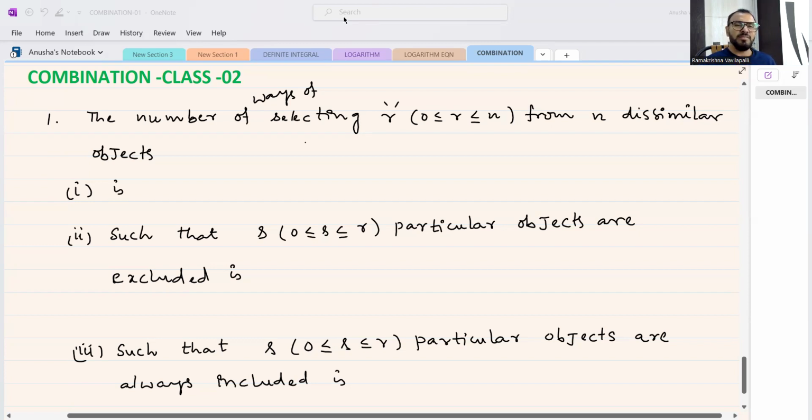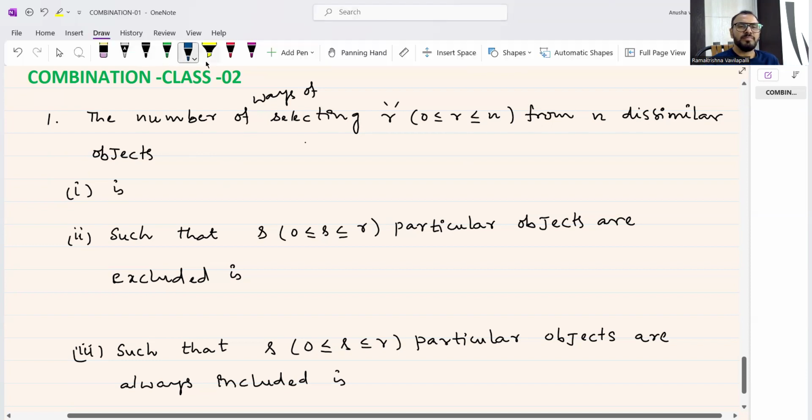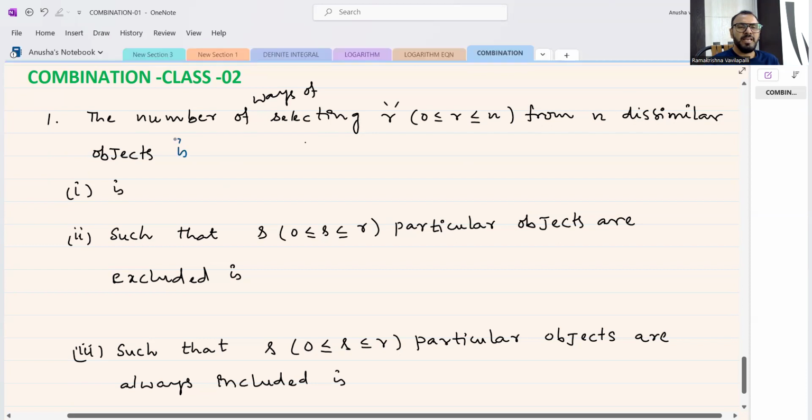So in class 1, I explained the number of selections or combinations of n dissimilar objects taken r at a time is nCr. So the number of ways of selecting r objects from n dissimilar objects taken r at a time is nCr.